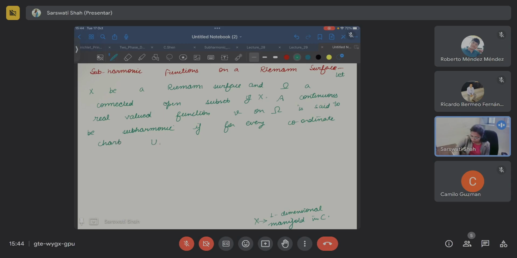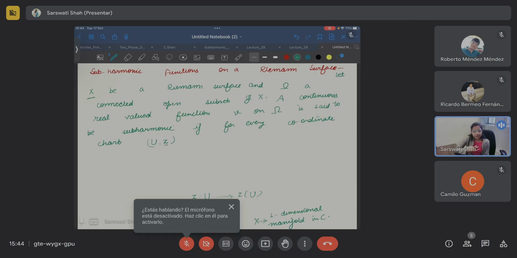chart U to Z. What is the meaning of coordinate chart in the Riemann surface? So Z is a function and U is an open set in this Riemann surface. So this coordinate chart is defined as, say, from U to Z of U. So basically, we consider those points under this mapping which has a pre-image.